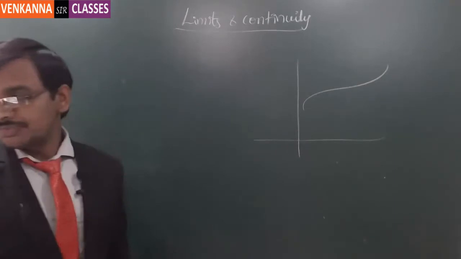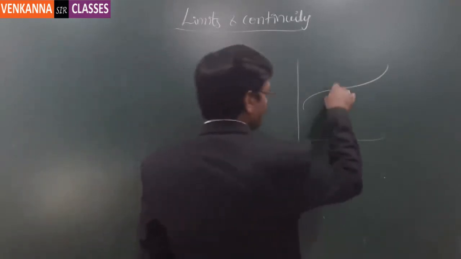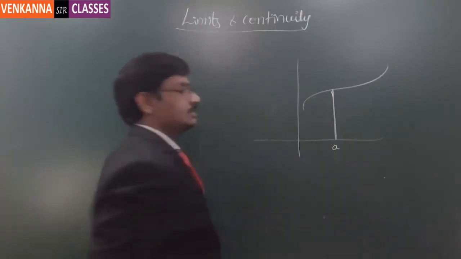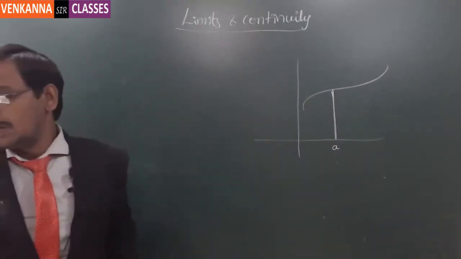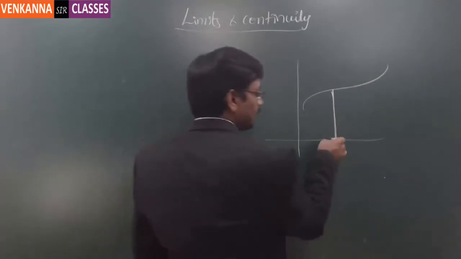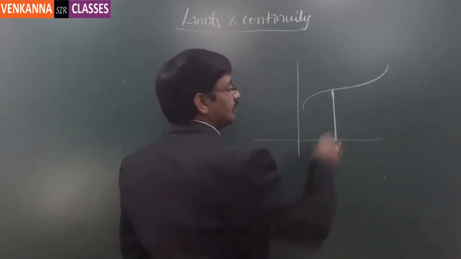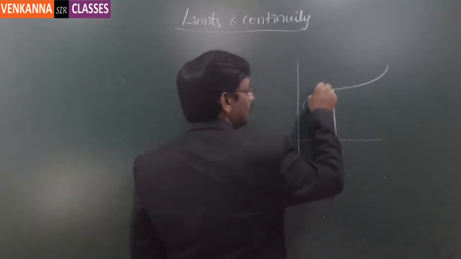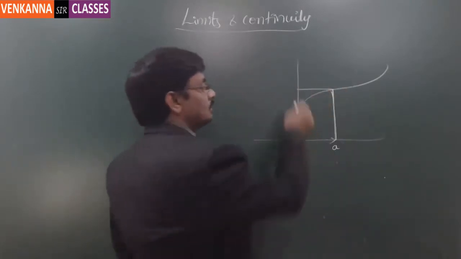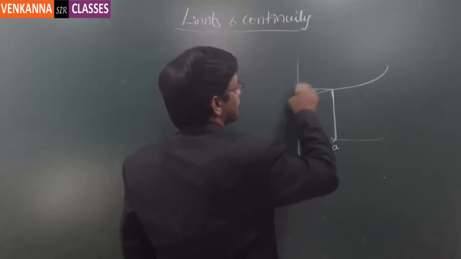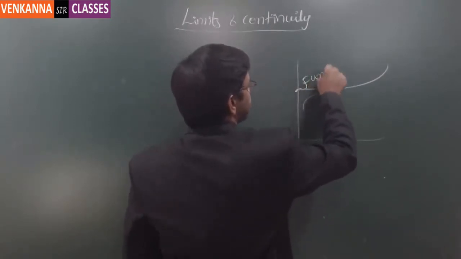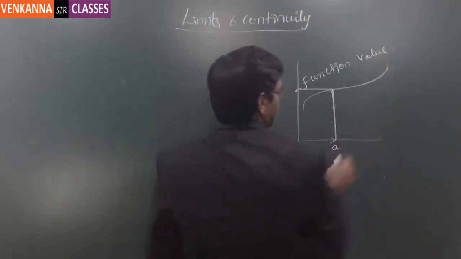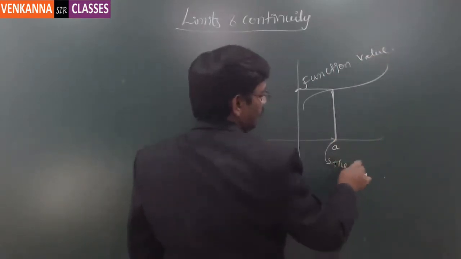On this function, suppose I have a value randomly selected, let us say this is a, and if I am approaching from this side, then the function value is approaching a definite value approximately at this point. So this is the function value. So this is the value of the independent variable.